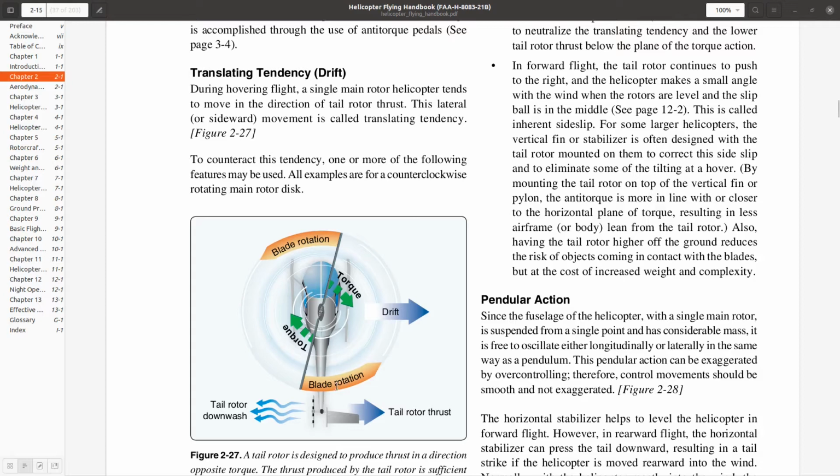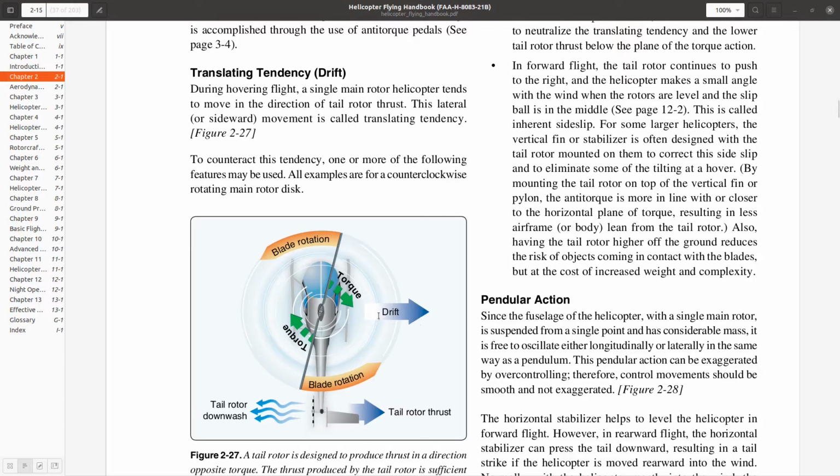Well, in a hover, what's going to happen? This is counteracting the rotation of the blade. So this is a torque to counteract this torque. Oh, that's great. But I'm also producing a sideways thrust. And if I don't correct anything, that's going to cause the helicopter to drift to the right.